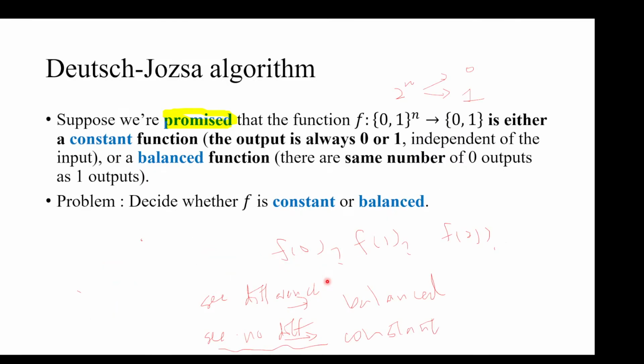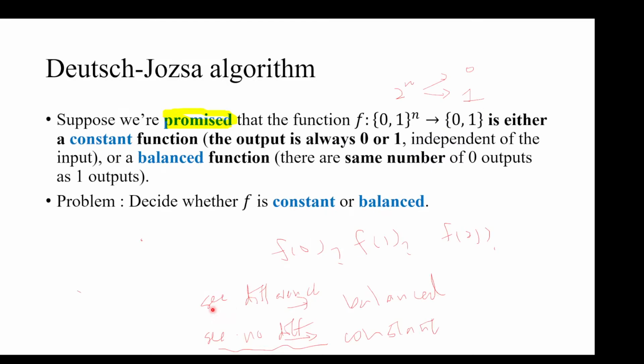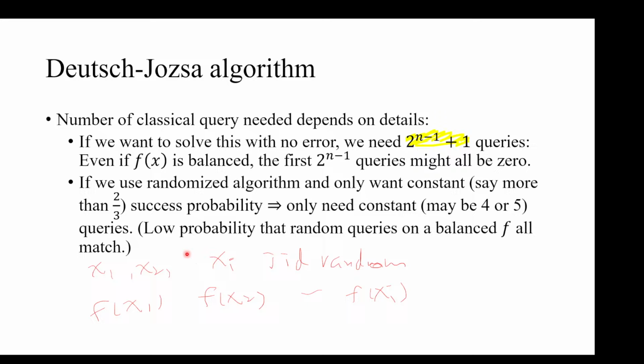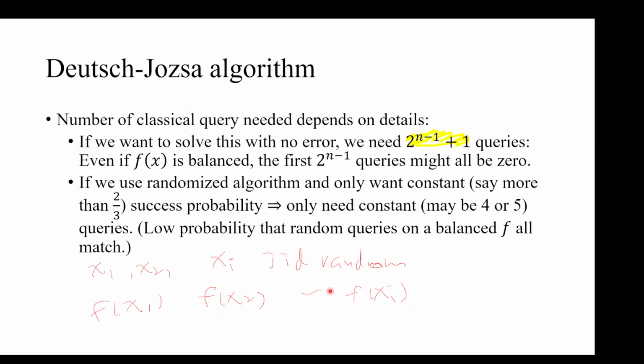Okay, and so the probability that you have a balanced input and that your random queries all have the same output decays exponentially. And so with some probability theory, you can see that with only probably 4 to 5 queries, you can get a very good probability that when you have a balanced input, you actually see that it's a balanced input.